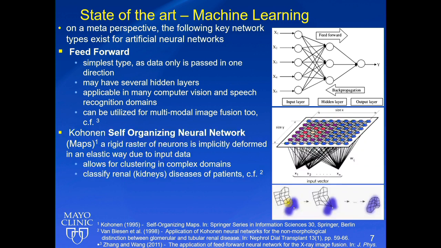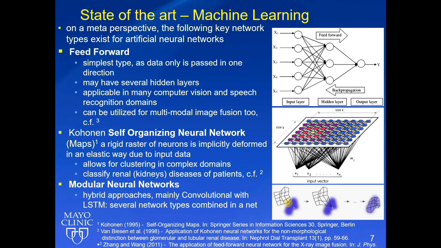Other interesting stuff there were the coherent self-organizing neural networks, where you can do classification and clustering of complex input data. Of course, the data layout itself is a strict grid, but on a virtual level the grid gets clustered and deformed, like we know from elastic registration in the computer vision domain.